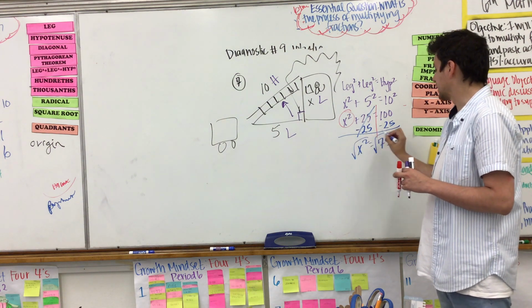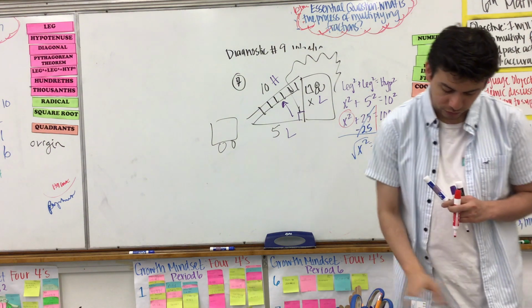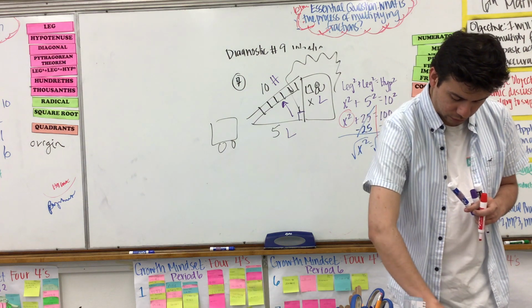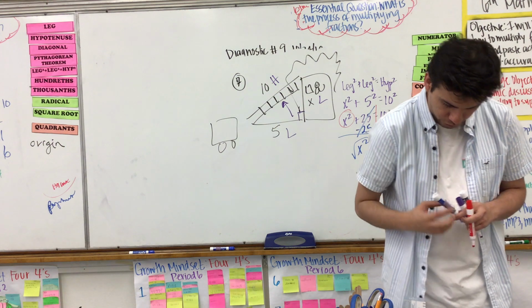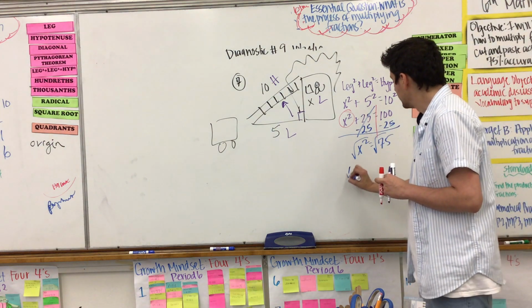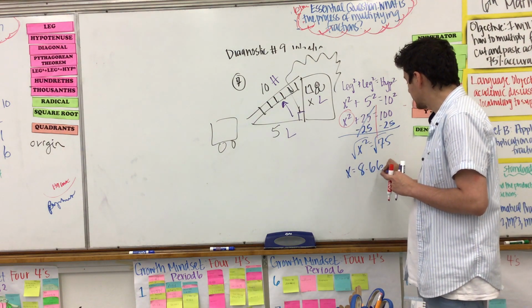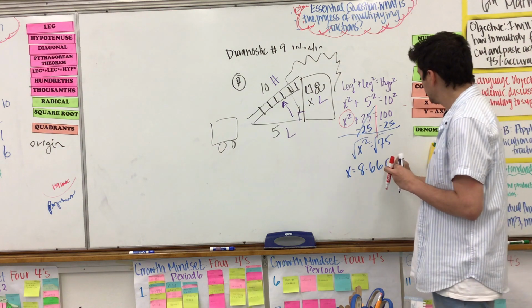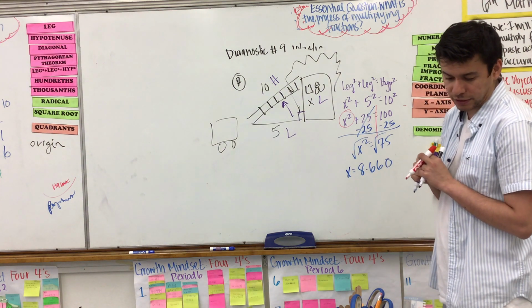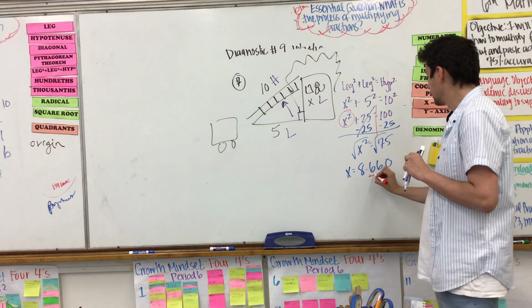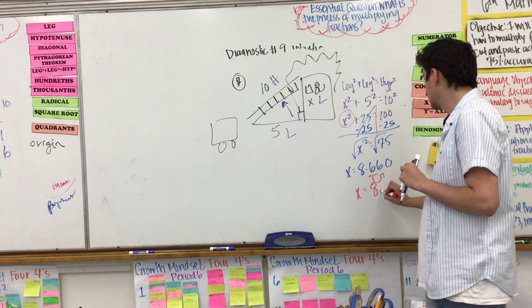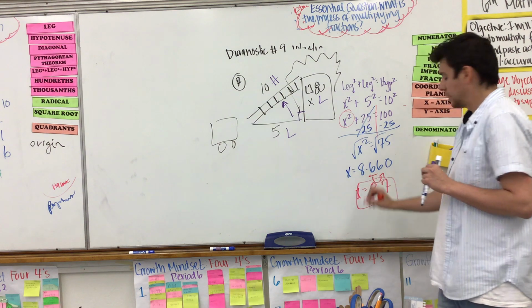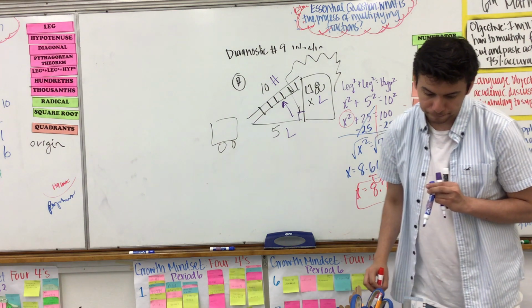I have a trusty calculator when I do the radical. The square root of 75 is 8.660. Round to the nearest tenths place. So x equals 8.7. And that was letter B.